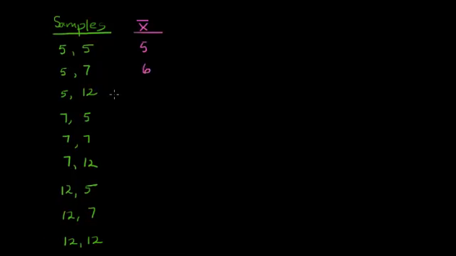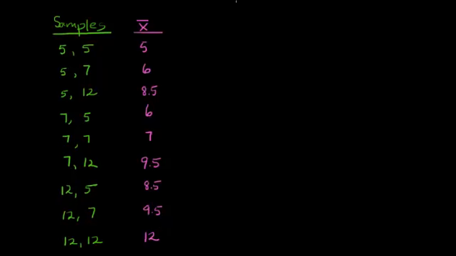Then 5 plus 12 divided by 2, we got 8.5. So these you would already have. So this one was 6, of course this one's 7, this one was 9.5, and then this one was 8.5, and 9.5, and 12. Those were our sample means.